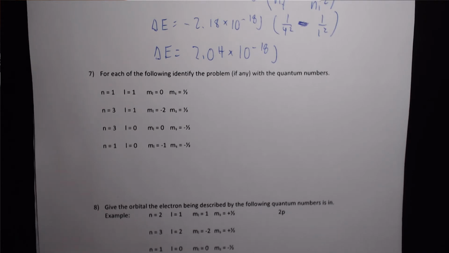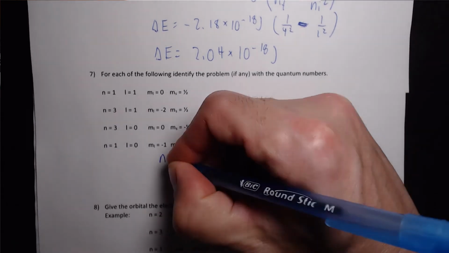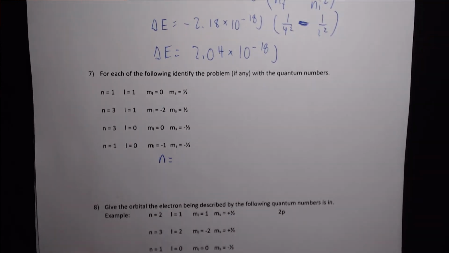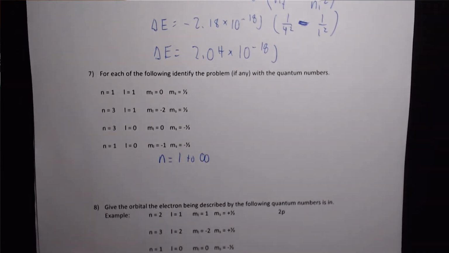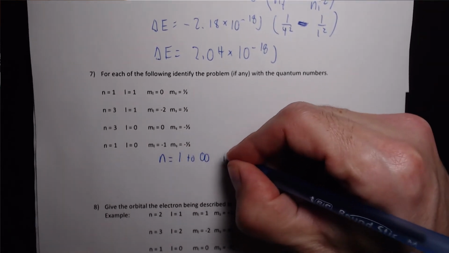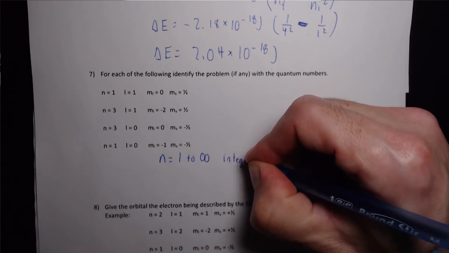All right, so let's look at what these rules are. n is the principal quantum number, 1 to infinity theoretically, and it has to be integers. We talked about n in the previous 2 problems.